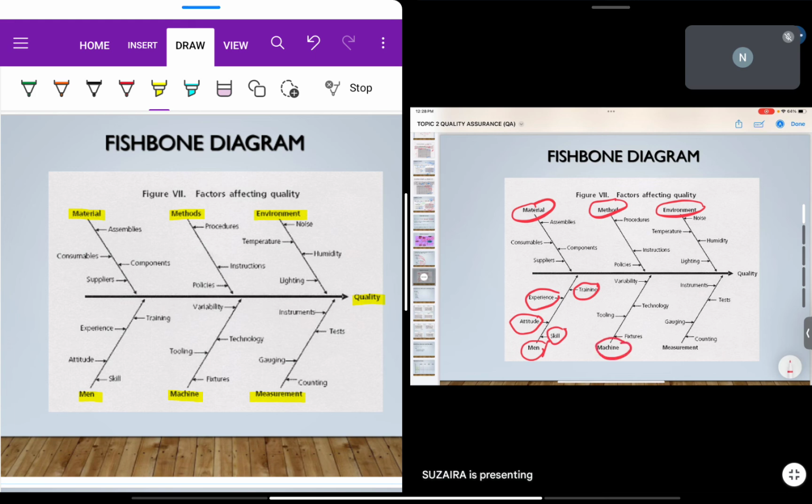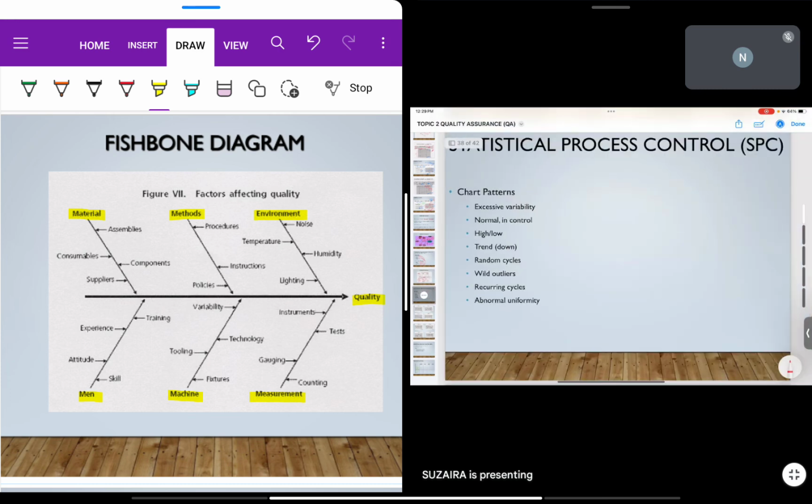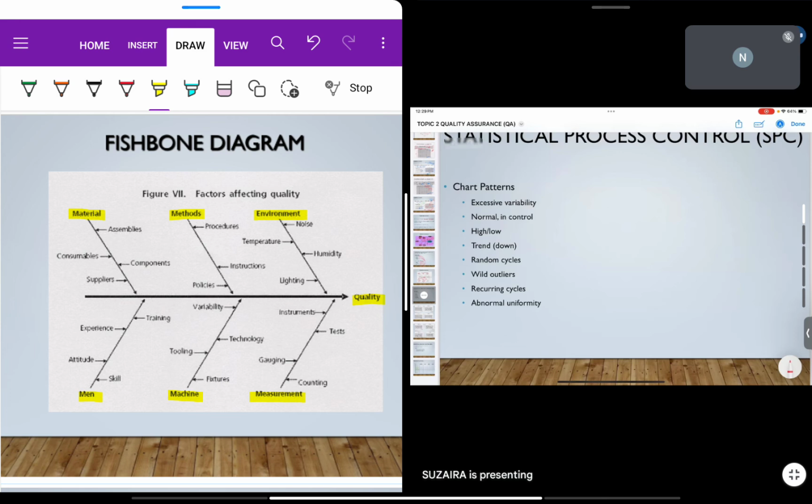Whenever you talk about machine, probably because of the technology, the fixtures, the variabilities, tooling. So these are things that will affect the quality of the products, or probably increase the waste of packaging material. So that would be a little bit about the fishbone diagram.